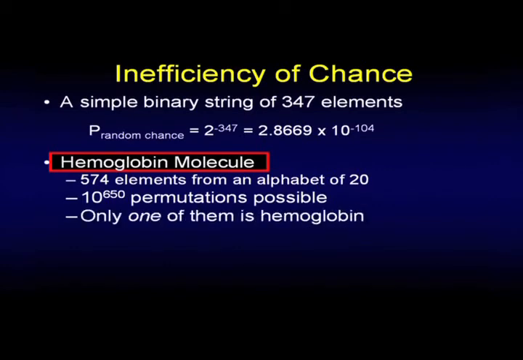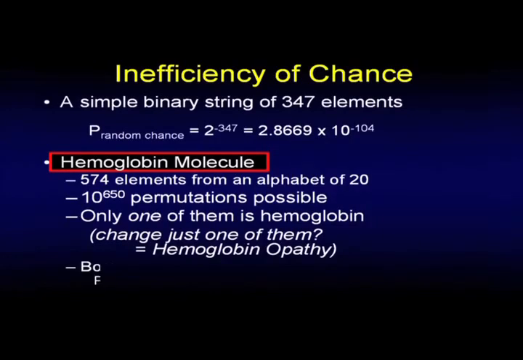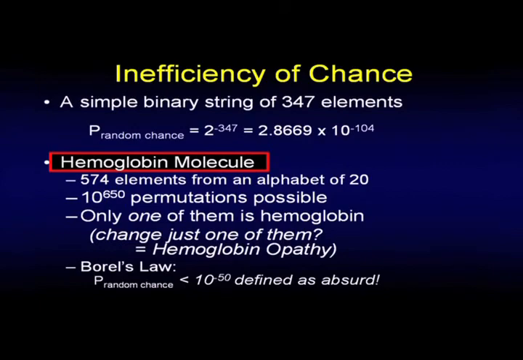Only one of them is hemoglobin. And if you miss it, you die. Heavy stuff. Remember Borel's law? Anything with more than 50 zeros is defined as absurd. Hemoglobin happening randomly is really, really, really absurd. Just as is my little example with these silly little beads, okay?